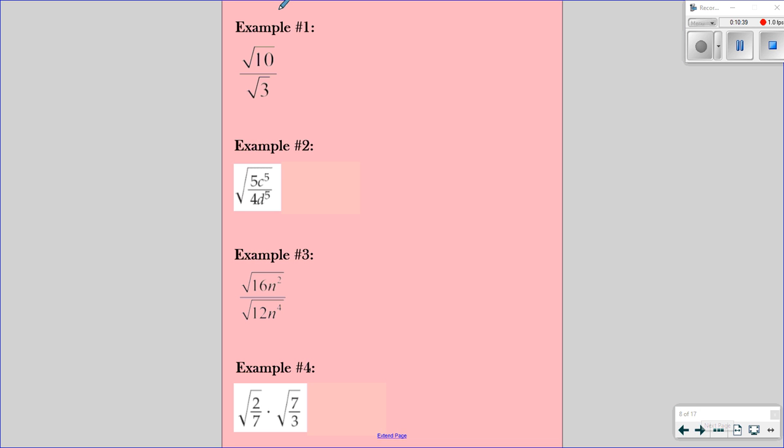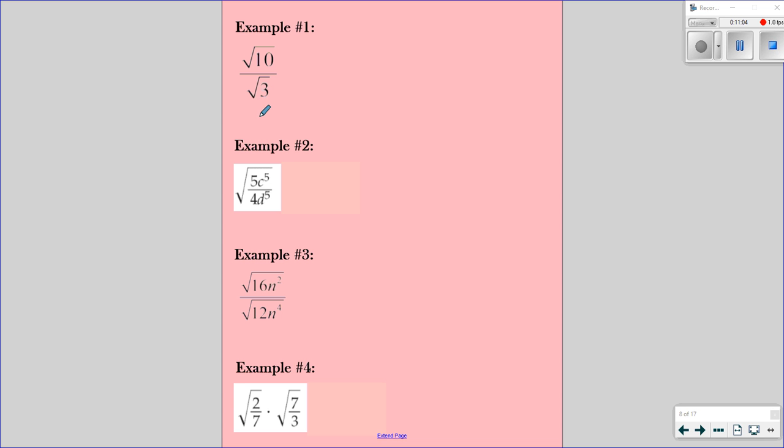So the first one, we have square root of 10 divided by square root of 3. We need to get rid of that radical. You remember when we had fractions with negative powers, anything that is odd in the denominator, we need to get rid of it by doing a reciprocal or whatever the case may be.